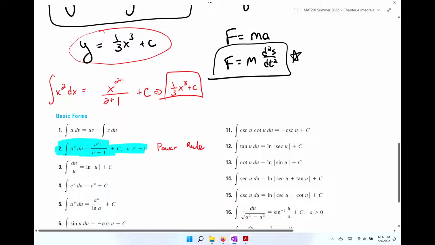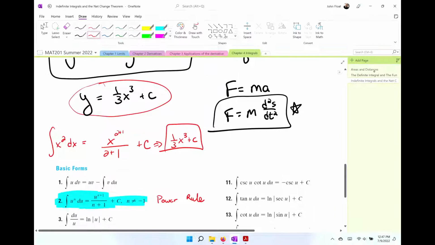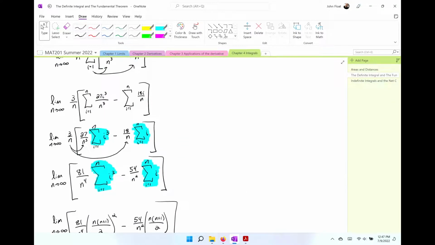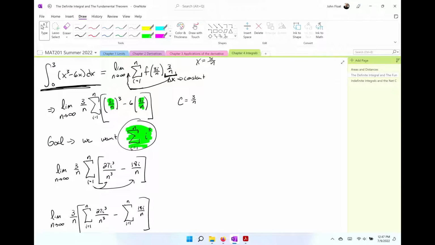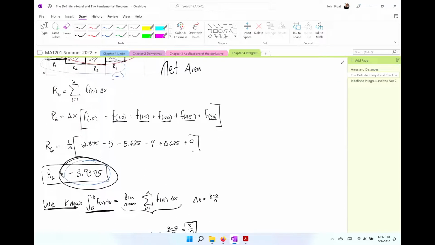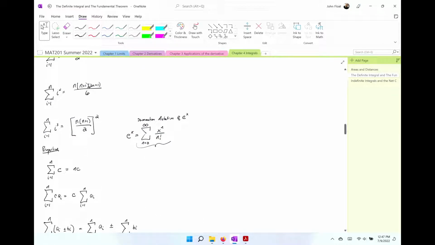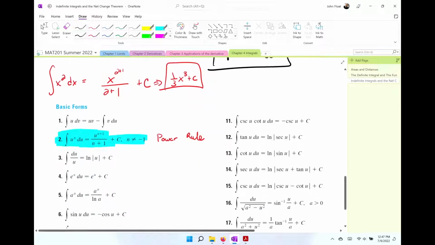Otherwise, we would have to use the Riemann sum thing, where if you remember in the previous section here, all right, if I can find it real fast, right here is where we use the Riemann sums, and there it is right there. There's the Riemann summation formula for i to the third power. Now we could just use this simple integral rule that we just learned. So these rules are going to help us out tremendously.